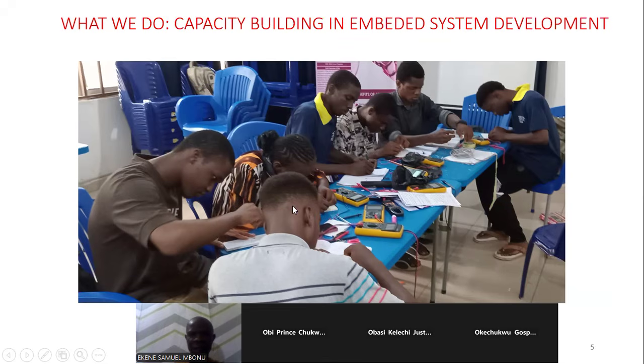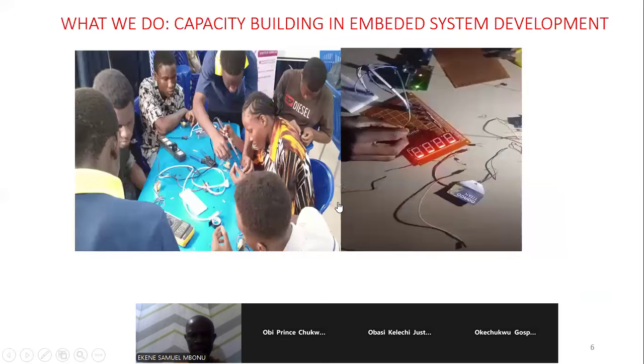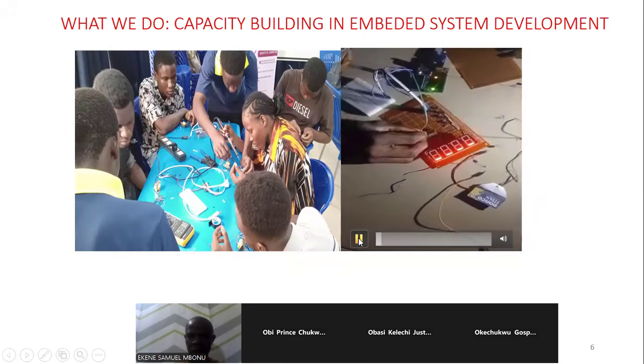We are engaged in capacity building and embedded system development, as you can see from these pictures. These are one of the sessions we had in the past, where we developed capacity among ourselves. Let's play the video.